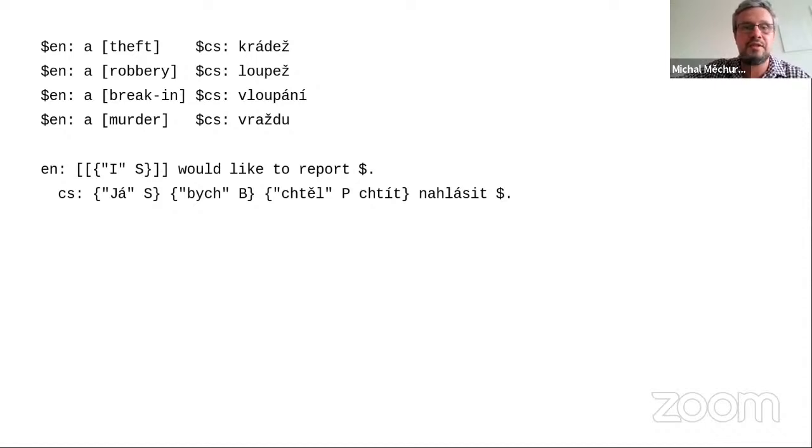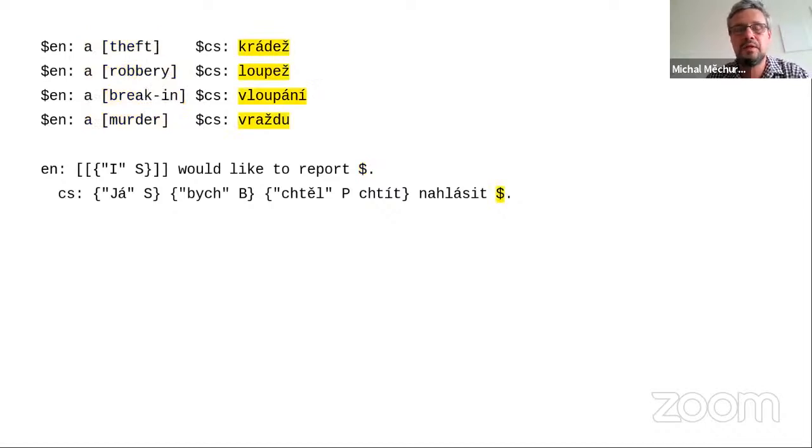So here's the sentence: I would like to report a theft, a robbery, a break-in, a murder, right? And this dollar notation is used to insert specific pieces of vocabulary into the sentence. So the software that I have that processes these entries goes through them and multiplies the entries with this vocabulary in them, right?